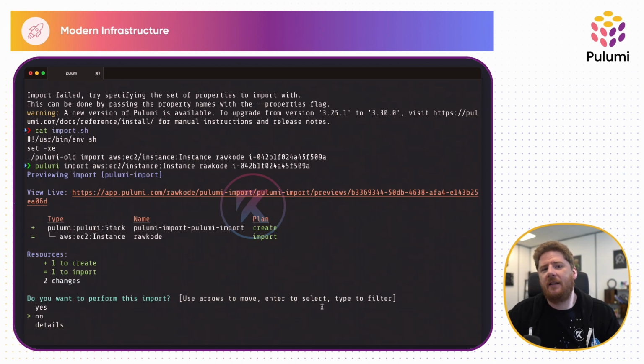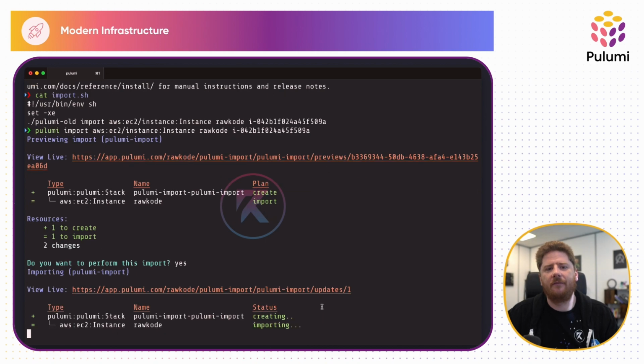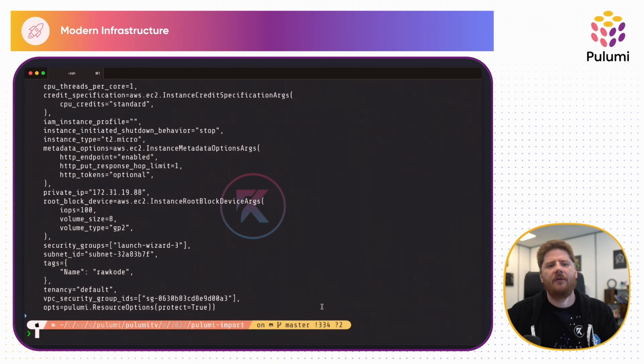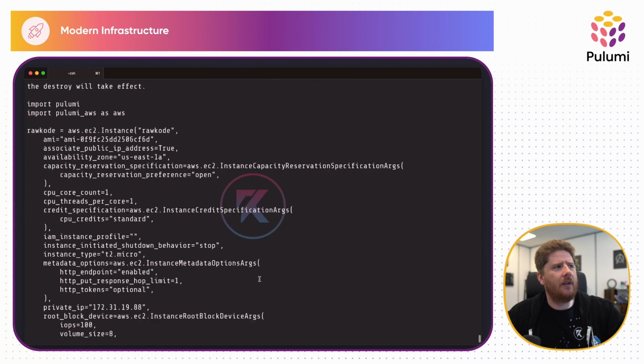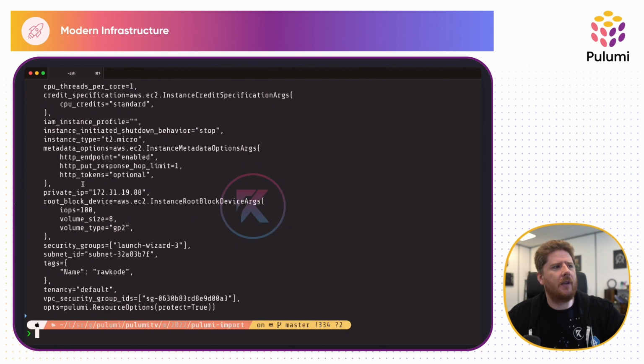And we can see that this can be successfully imported. Wonderful. And now that that's finished, the Pulumi program has told us that this is the code that we need to put into our Python Pulumi program to persist this state. So some wonderful improvements there to import. If you've used it in the past and you've had problems, try it out now. We hope that it's solved a lot of those older problems.